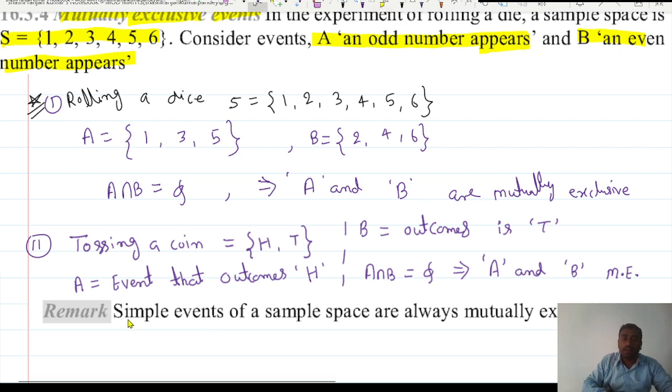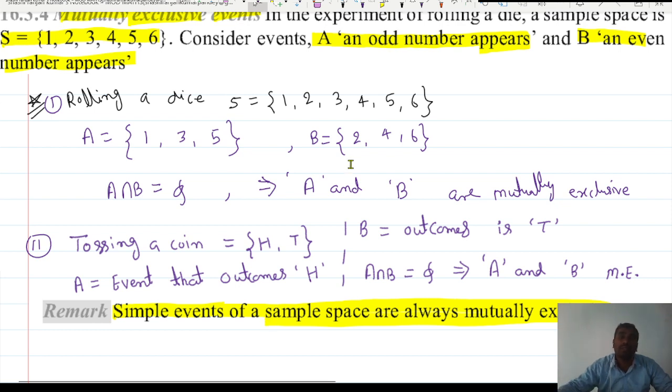The simple events of a sample space are always mutually exclusive. So this is clear, very simple. Mutually exclusive events are those in which there is no common element between them. If there is any common element, then we can't say they are mutually exclusive.